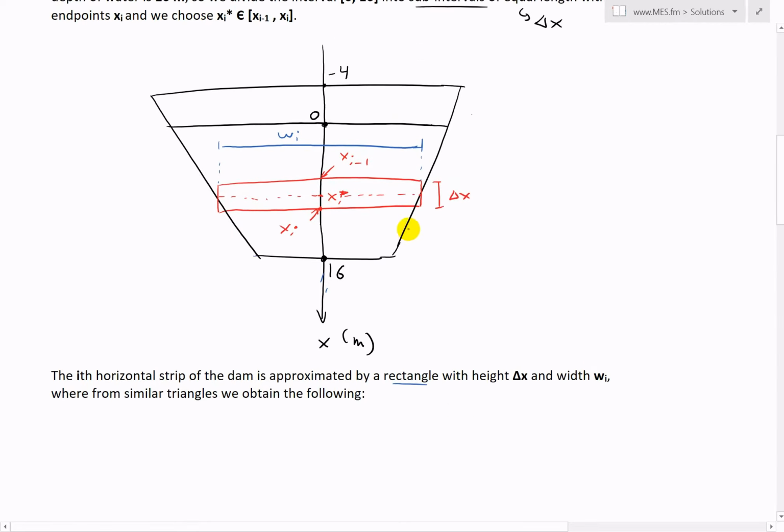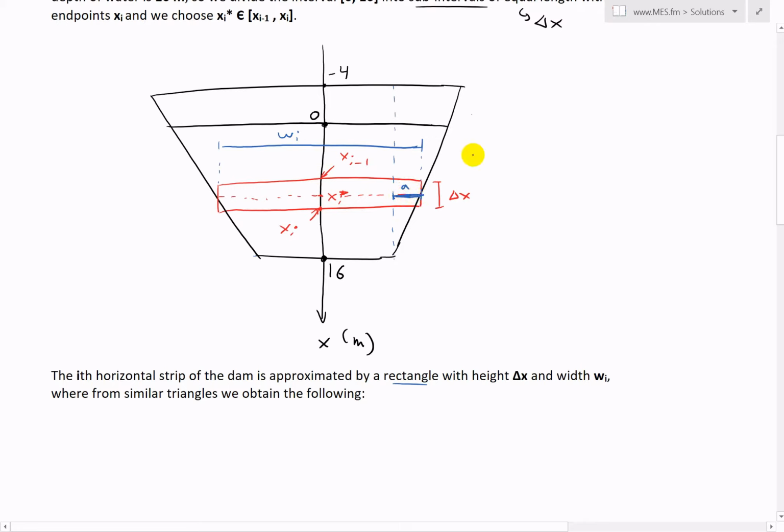If we draw a line like this all the way from this very point, the reason we're doing this is to determine the width of this slice wi in terms of xi star. What we have across here, we'll call this horizontal length a.